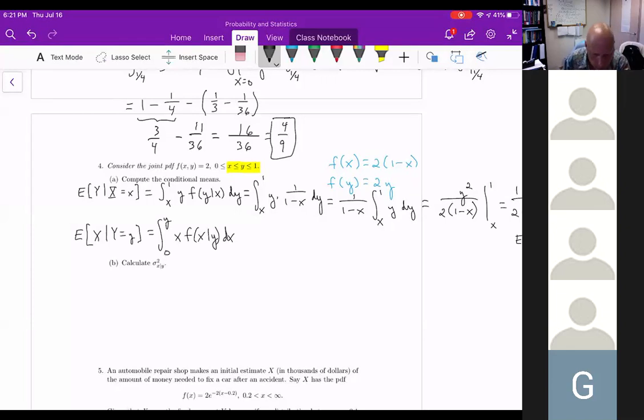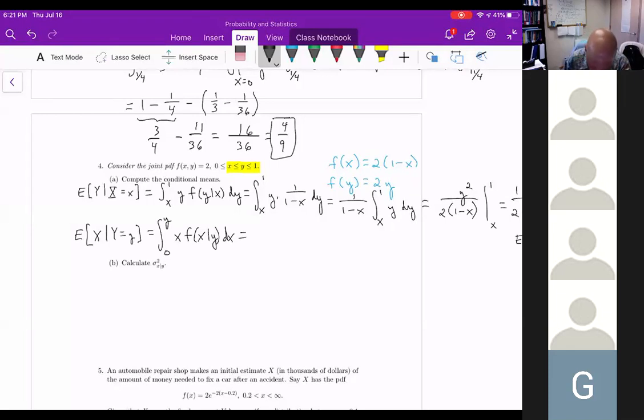The conditional distribution in this case is going to be your 2 over the marginal distribution of y, which is 2y. So 2 over 2y is 1 over y, which is constant with respect to x.